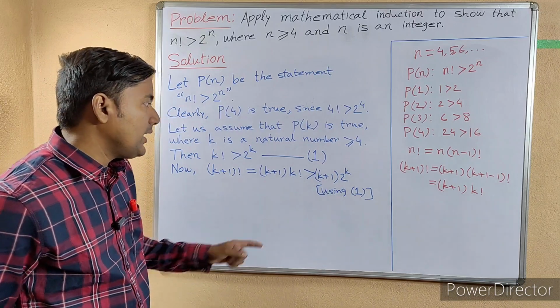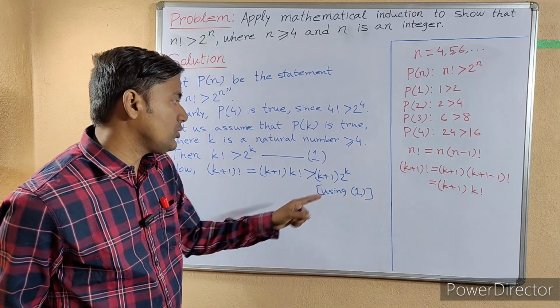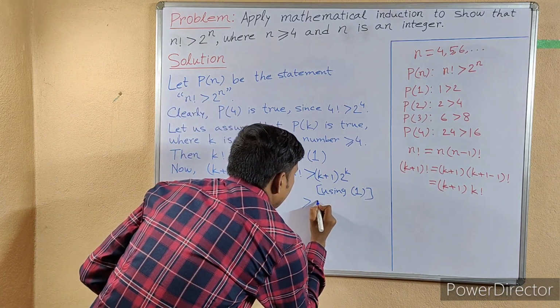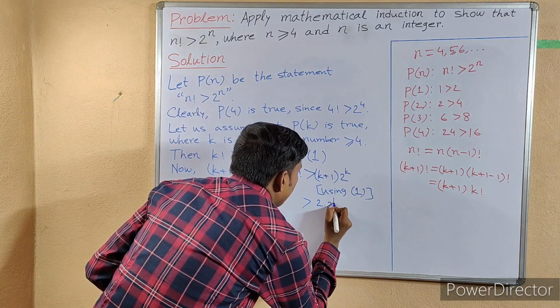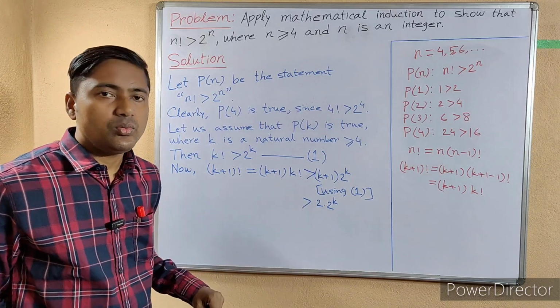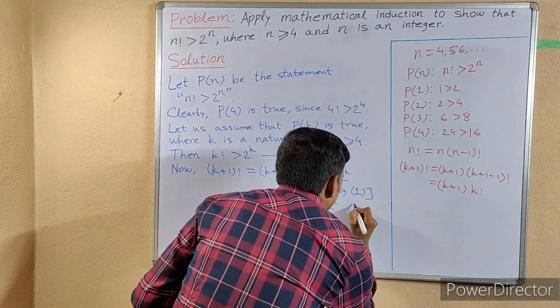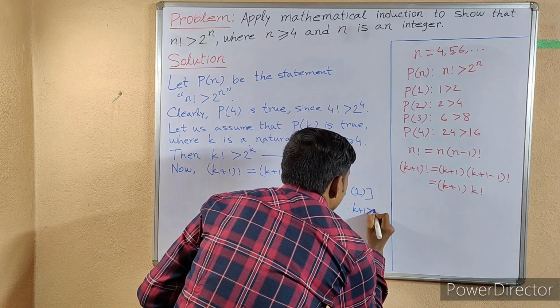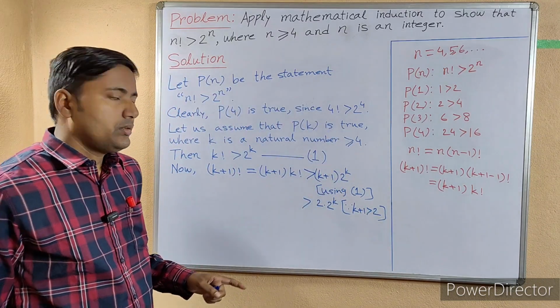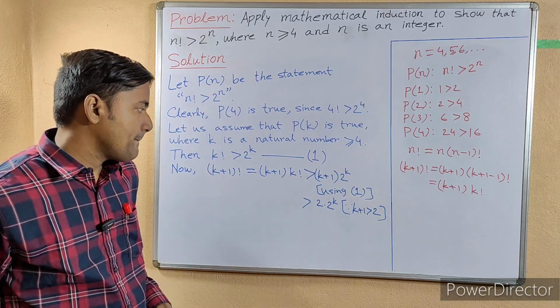Okay. Again, k plus 1 into 2 to the power k is greater than 2 into 2 to the power k, because k plus 1 is greater than 2. How do I get this?